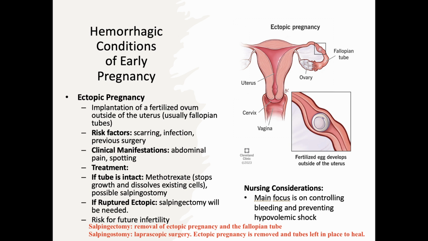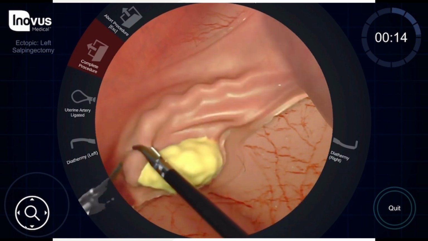We can also try a salpingostomy, where we're going to go in, just remove the pregnancy, and then put the tubes back together and let it heal. If it's ruptured, they come in screaming in pain, bleeding everywhere, because the fallopian tube ruptured. That's going to be a salpingectomy, where we're going to remove the tube altogether.